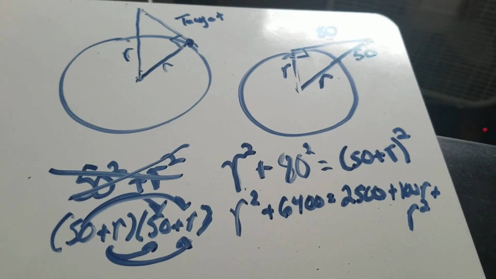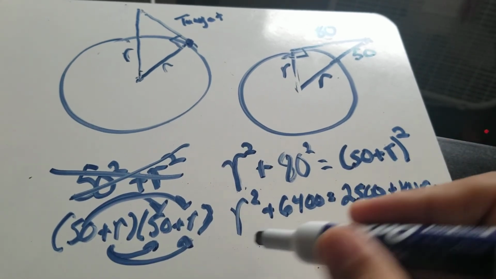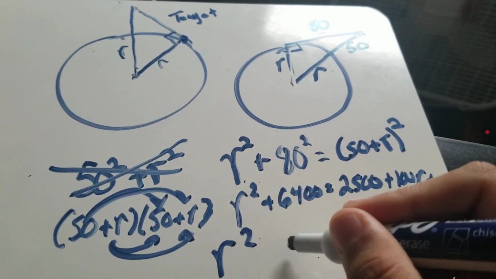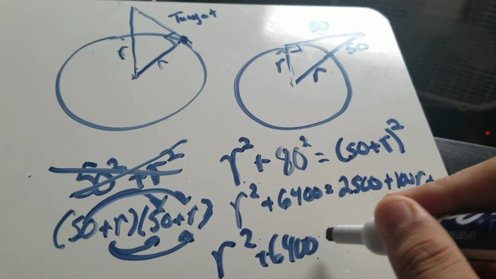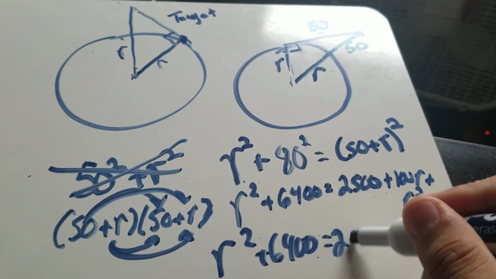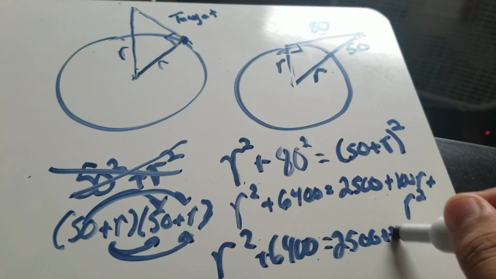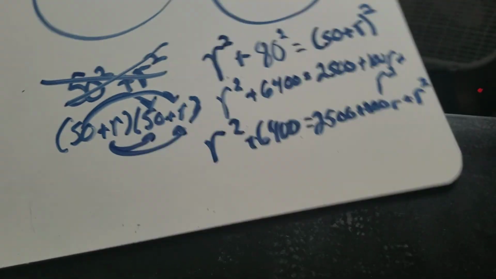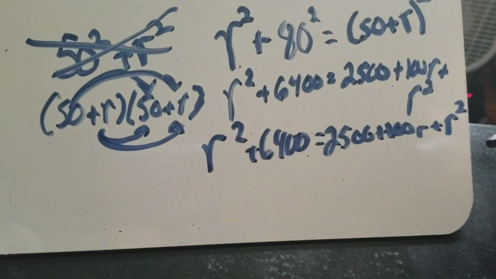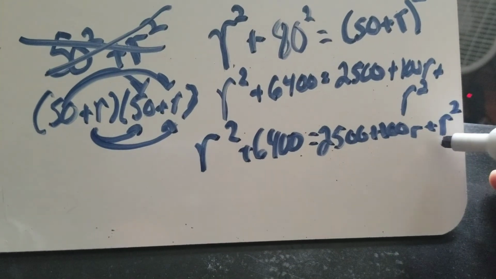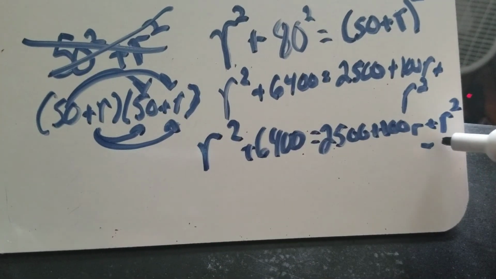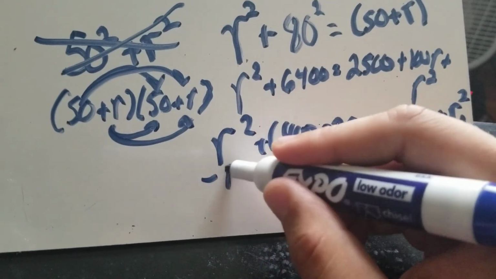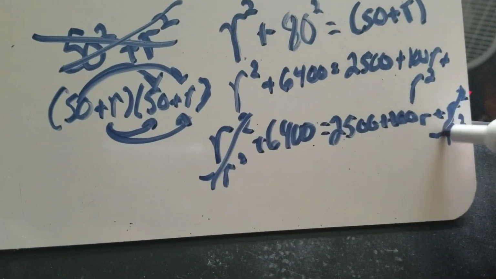All right. Now, let's see what we got. Let me just rewrite it. R squared plus 6,400 equals 2,500 plus 100r plus r squared. Well, you're a little worried because to find an answer for r, we might have to use quadratics. But what's really nice is there's an r squared on the right and an r squared on the left. So I can subtract r squared on both sides, and they both cancel out.